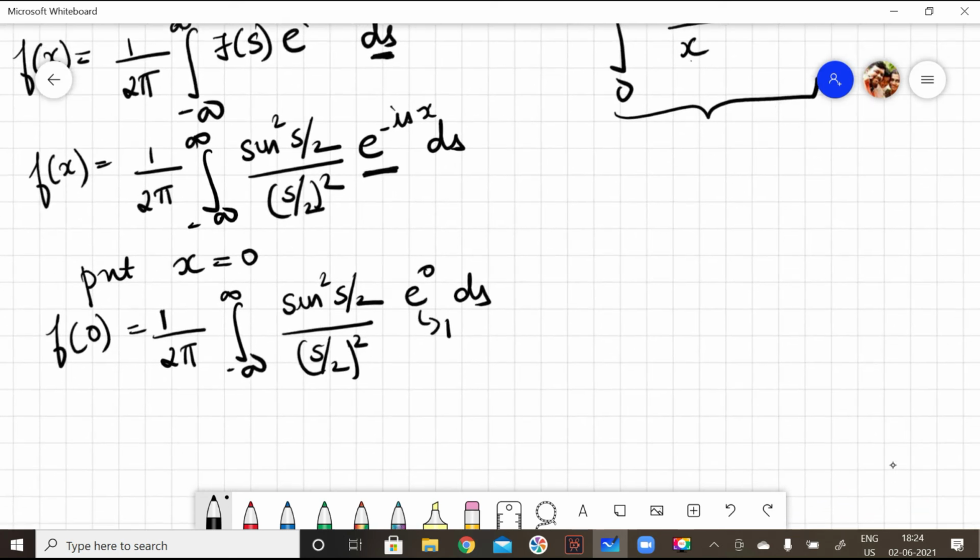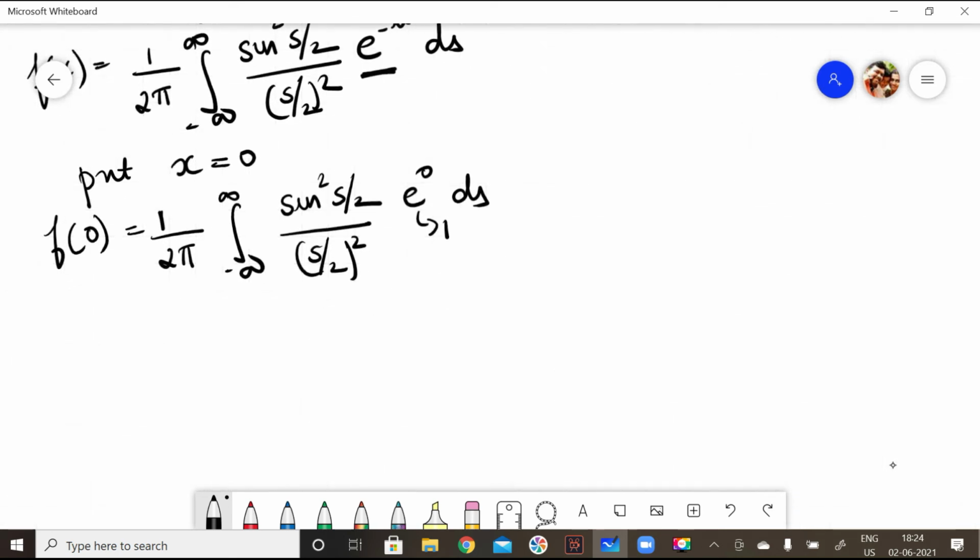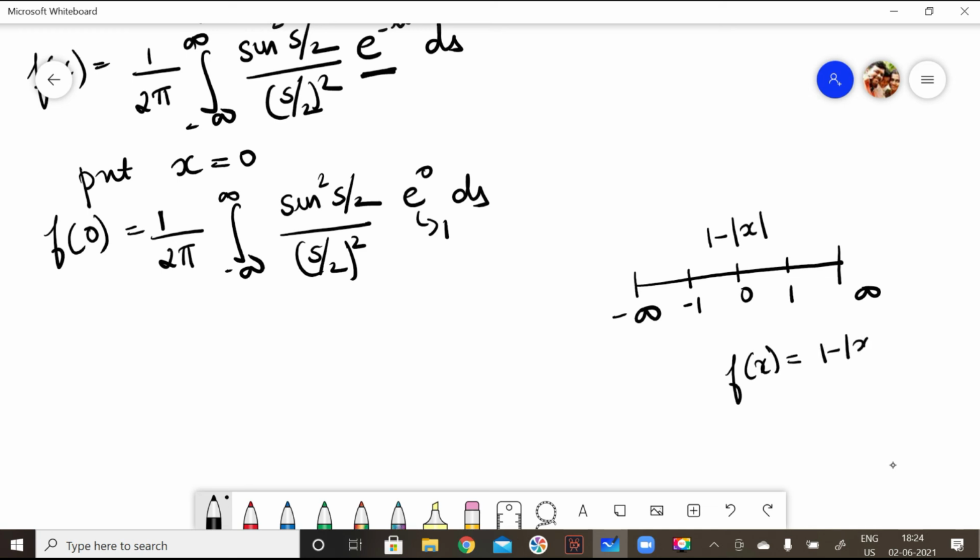Okay, so now what is the value of f(0)? I will draw a diagram for this. The integral from minus infinity to infinity is split as: the middle part is 0, and from minus 1 to plus 1 the function is 1 minus modulus of x. So f(x) is 1 minus modulus of x. If I put x equal to 0, it becomes 1 minus 0, which is 1.